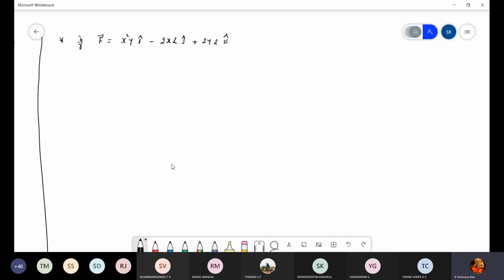Find curl of curl f. If you want in symbolic form, del cross of del cross f.